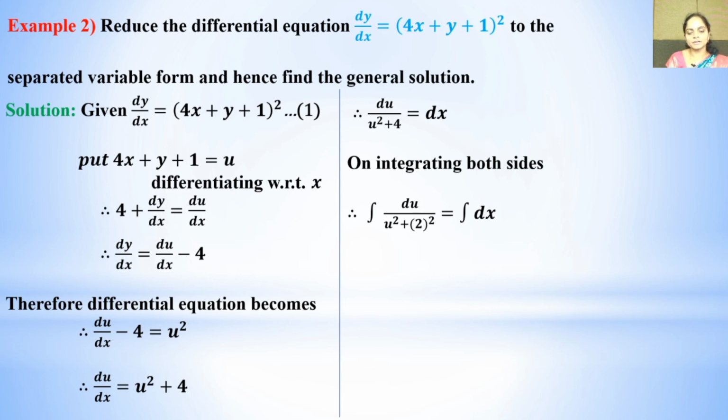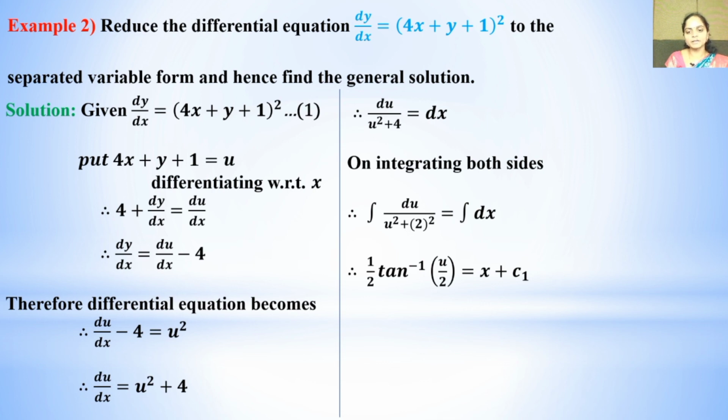We know the formula: integration of 1 upon (x square plus a square) is equal to 1 upon a into tan inverse of x upon a, and integration of 1 dx is equal to x. Therefore, 1 upon 2 into tan inverse of u divided by 2 is equal to x plus c1, where c1 is a constant of integration.